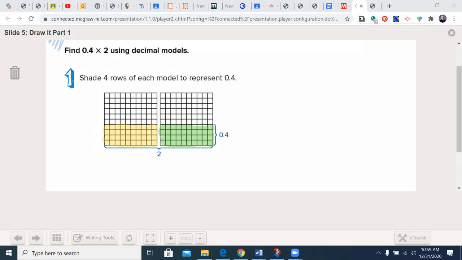So far, I have shaded in 4 rows on each to represent 4 tenths, and there are 2 groups of that 4 tenths. You should fill this in. You could just use a regular pencil. I do advise that you always use it lightly. You don't want to press real hard, because sometimes when you get into other parts, like subtraction, you need to erase.